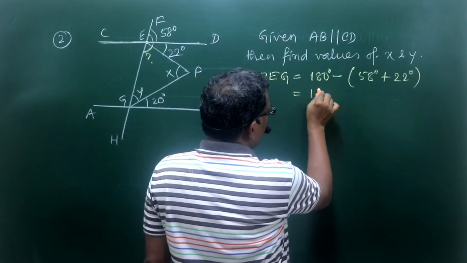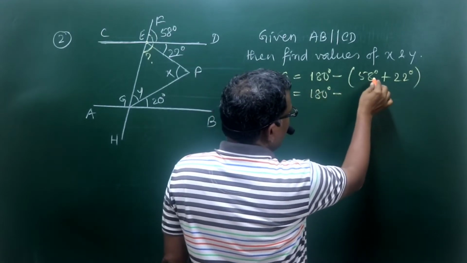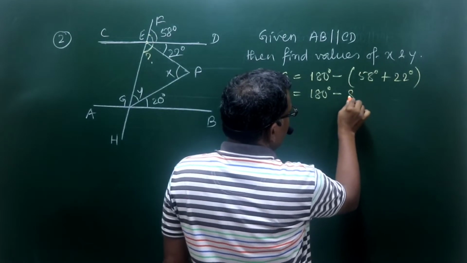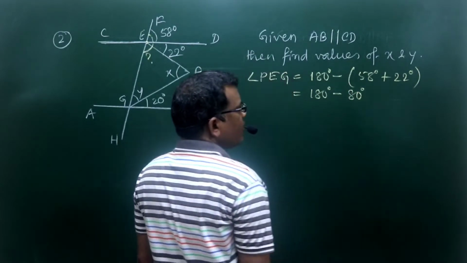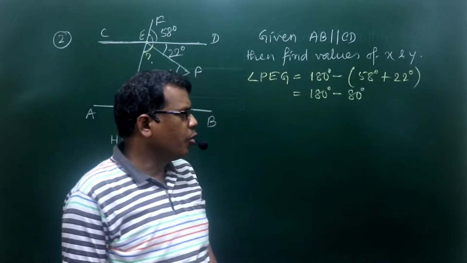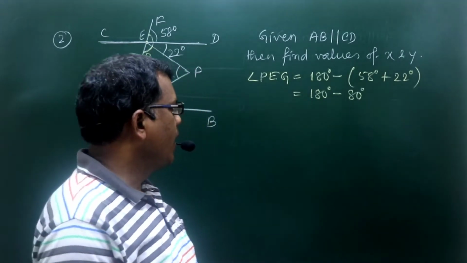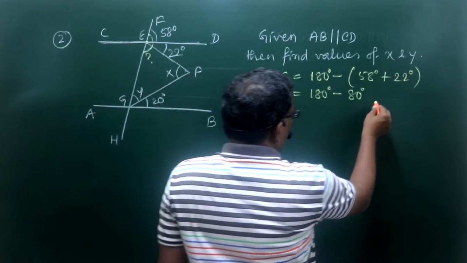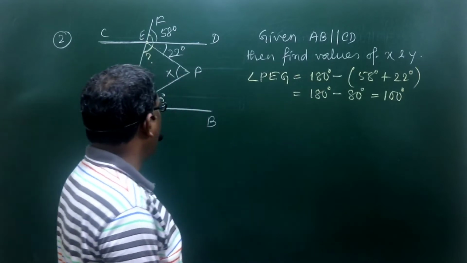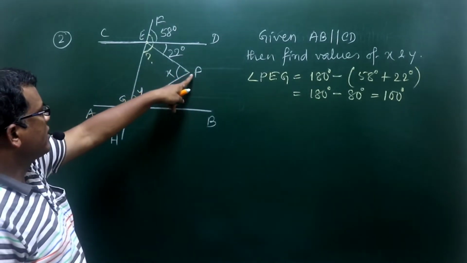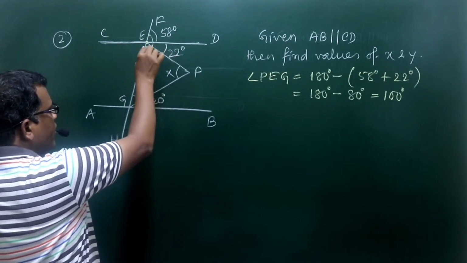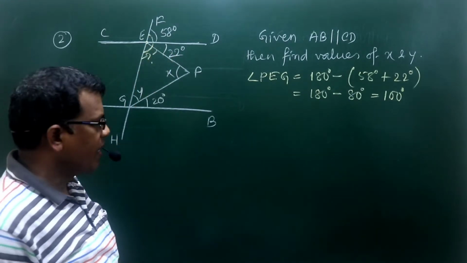So that means it will be 180 minus, this will be how much? 80 degrees, right? 58 degrees plus 22 degrees, that will be 80 degrees. So the ultimate value is coming 100 degrees. So the value of the angle known as PEG, this angle which I have shown with the question mark, is 100 degrees.